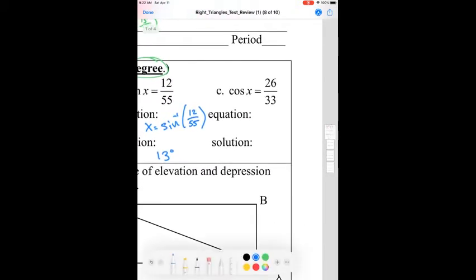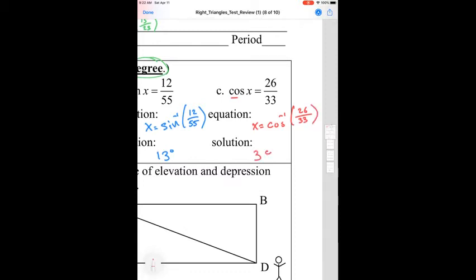And we're going to repeat one more time, but this time with cosine inverse. So here we get x equals cosine inverse of 26 over 33. Put that in the calculator, and we get an answer of 38 degrees.